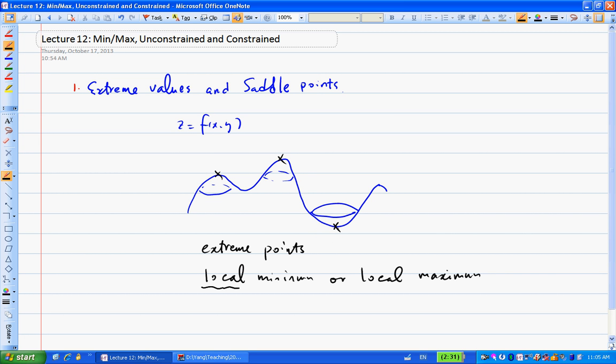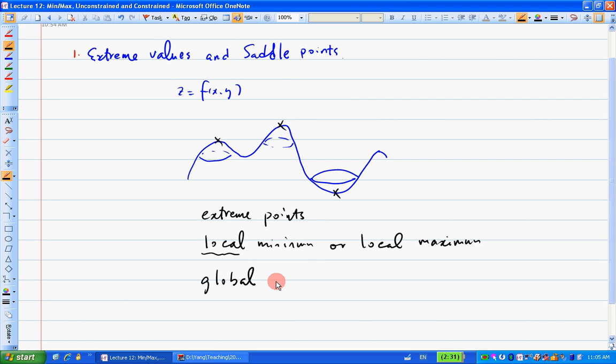If the wording is local, then there must be a word called global, right? So these points A, B, C are local minimum and local maximum.